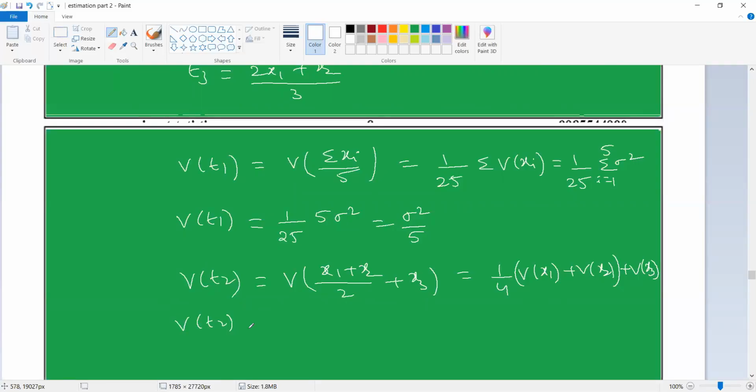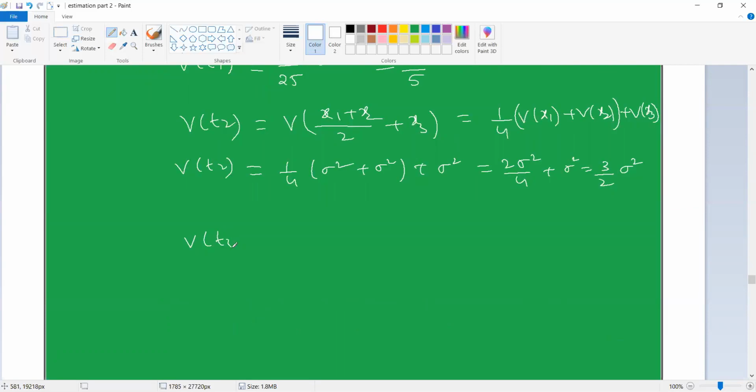Variance of T2 is equal to 1 by 4 (sigma square plus sigma square) plus sigma square, which is 2 sigma square by 4 plus sigma square, that is 3 by 2 sigma square.